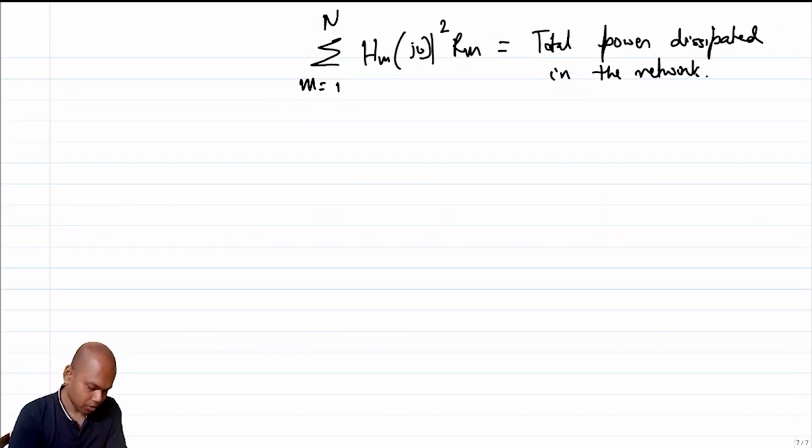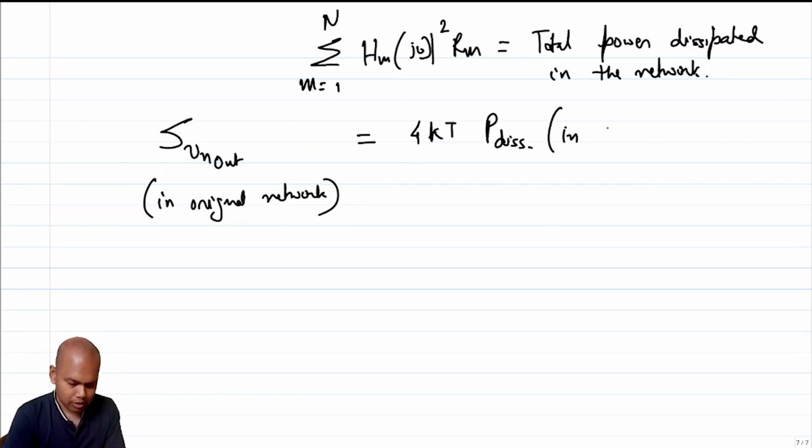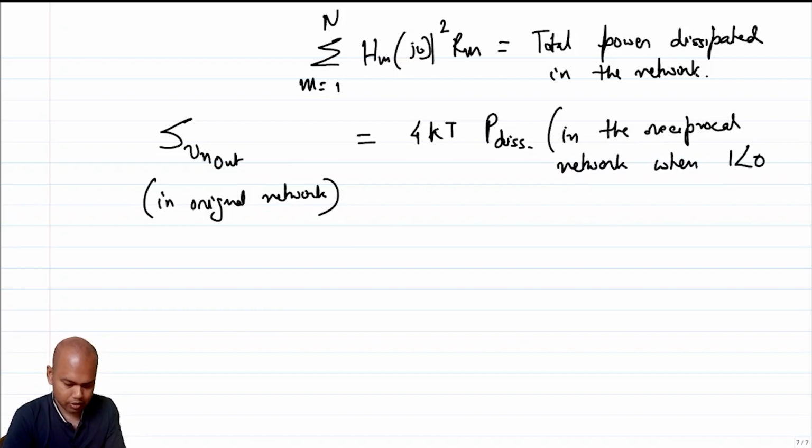So SVn,out in the original network is equal to 4kT times the power dissipated in the reciprocal network when a 1 angle 0 current source is applied at the output port.